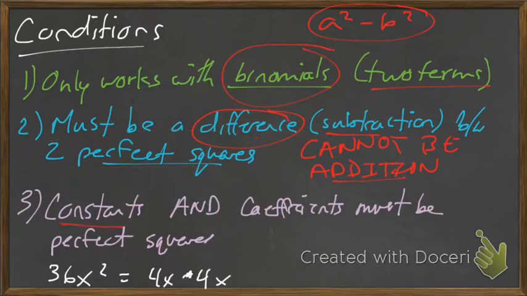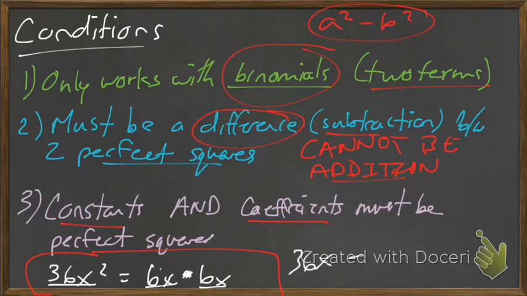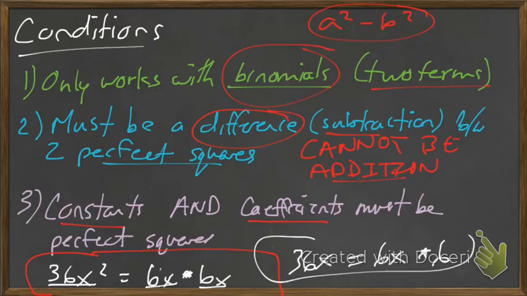The constants and the coefficients must be perfect squares. So in this example right here, 36x squared is equal to 6x multiplied by 6x. If it was 36x, it's not a difference of squares, because this 6 doesn't have the x with it.